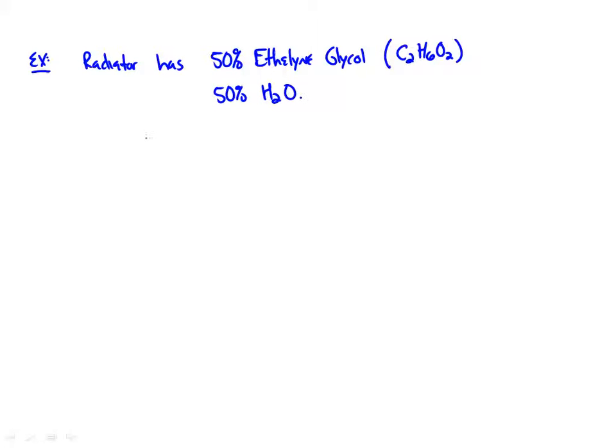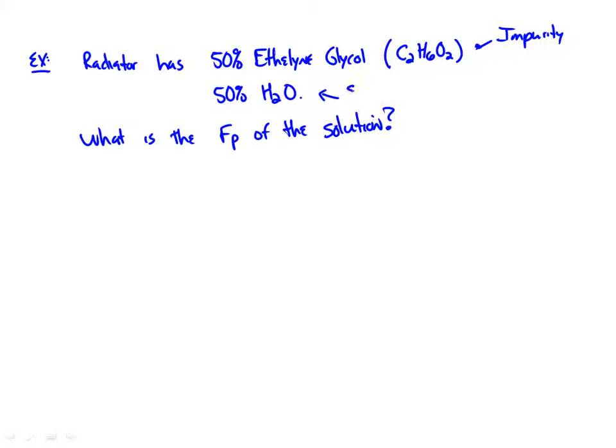We can say basically what is the freezing point of the solution? Meaning, how cold does it get before your radiator freezes up and you can't start your car? So here we're going to say that ethylene glycol is my impurity, and that water is what we would consider our solvent.